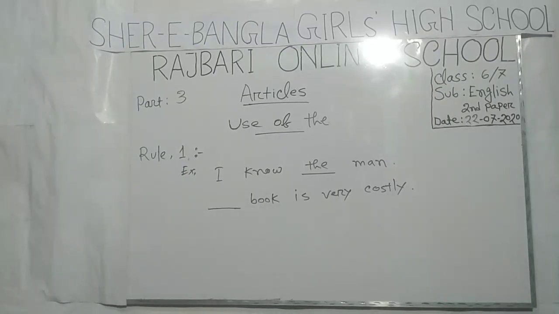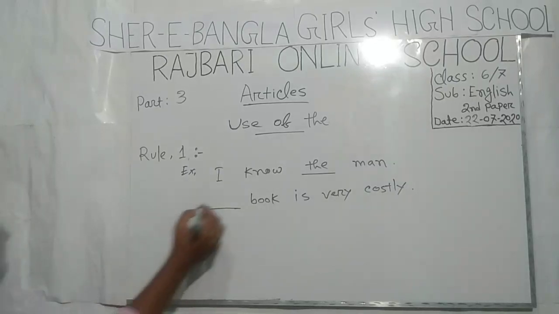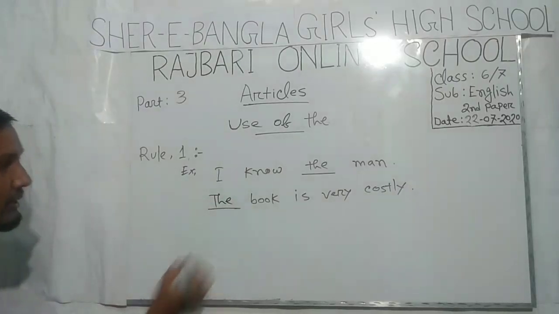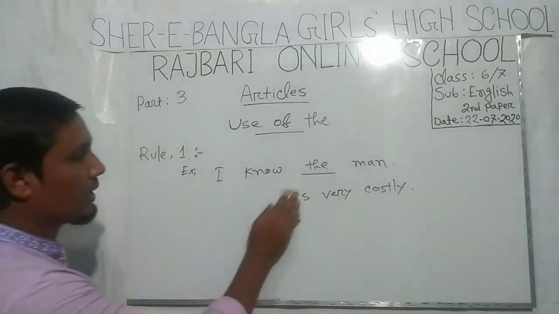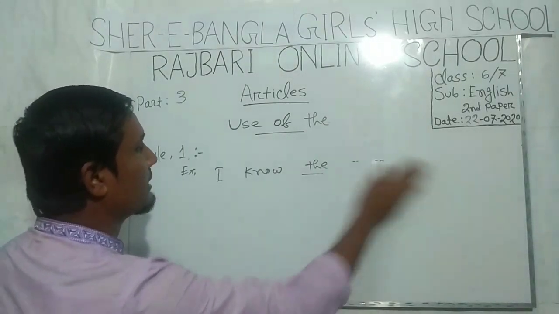It is a subject or an element, and for this reason you have to use the: the book is very costly. I hope you have understood rule 1. Now we will go to another rule, that is rule 2.